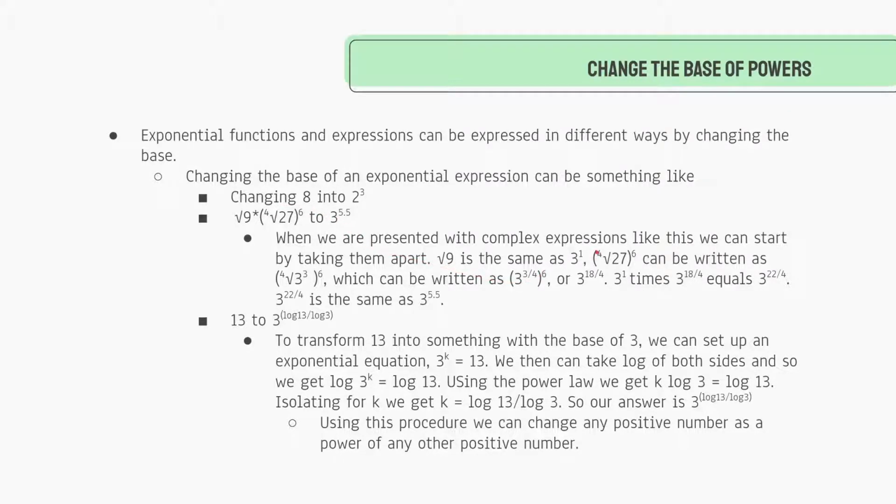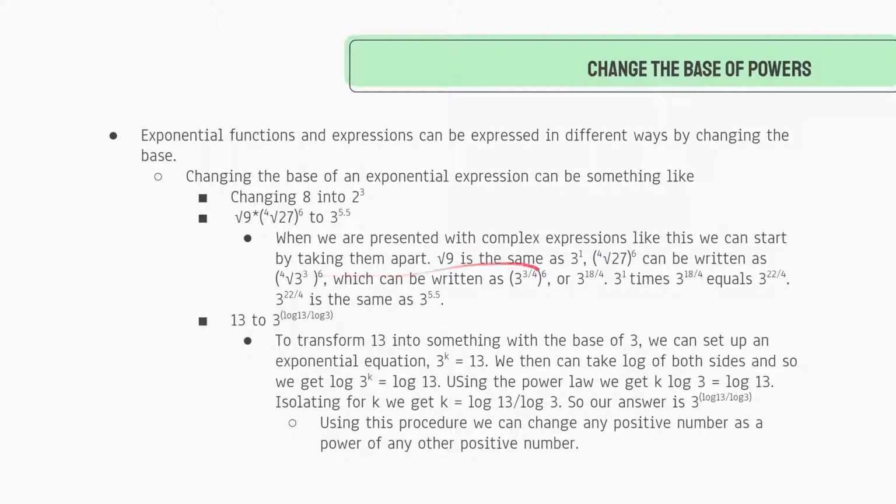We also know that 27 is 3 to the power of 3. So we can write that as the fourth root of 3 to the power of 3, all to the power of 6. Then using properties we learned about exponents, we can rewrite this using the power over the radical index.